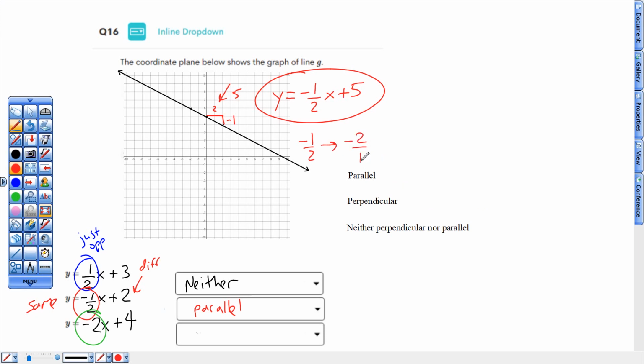But for it to really be the opposite, that would make that positive 2, for it to be perpendicular, 90 degrees. And that is not the case. So that one is another neither. This would have to be 2x to be perpendicular on that one, not negative 2.